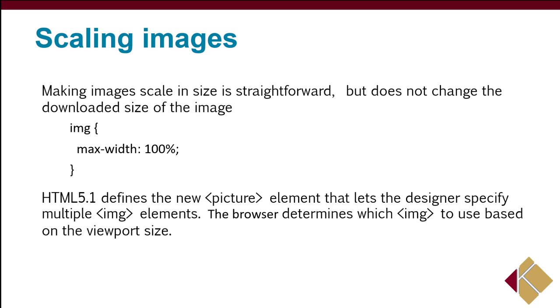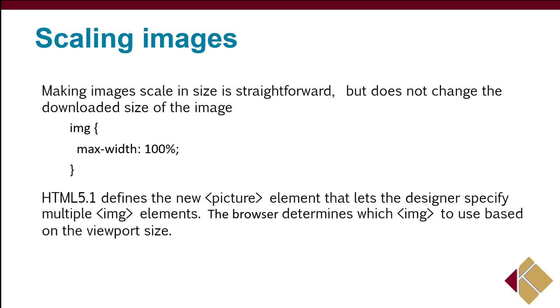Okay. Here's the thing. When you are scaling down an image, it does not change the file size of the image, so the download, if they download it, but it does change how it looks displayed.